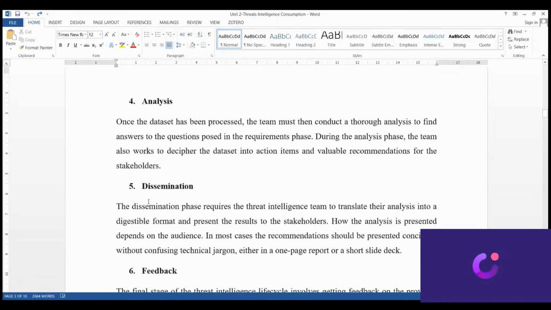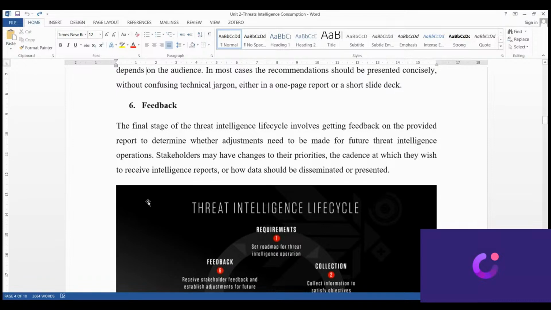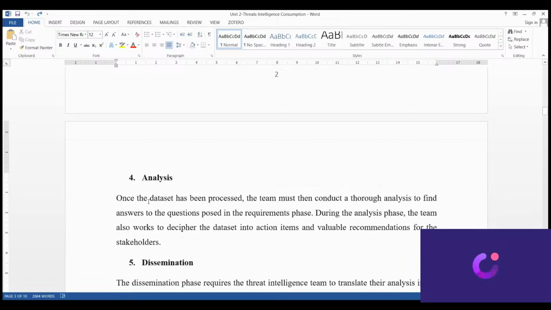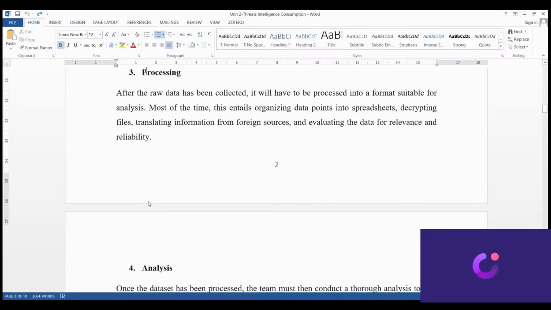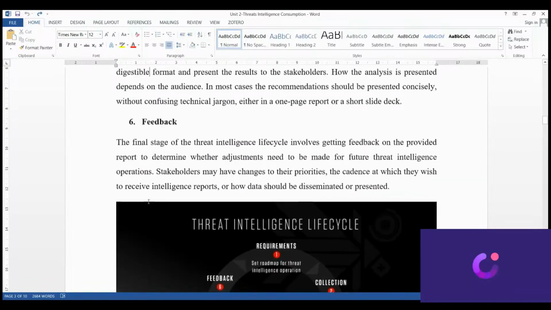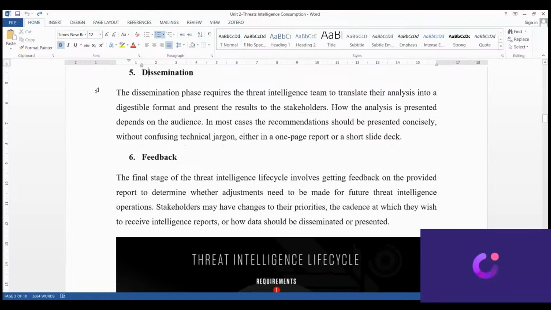Then we have the recommendation, or dissemination. The dissemination phase requires the threat intelligence team to translate the analysis into a digestible format and present the result to the stakeholders.